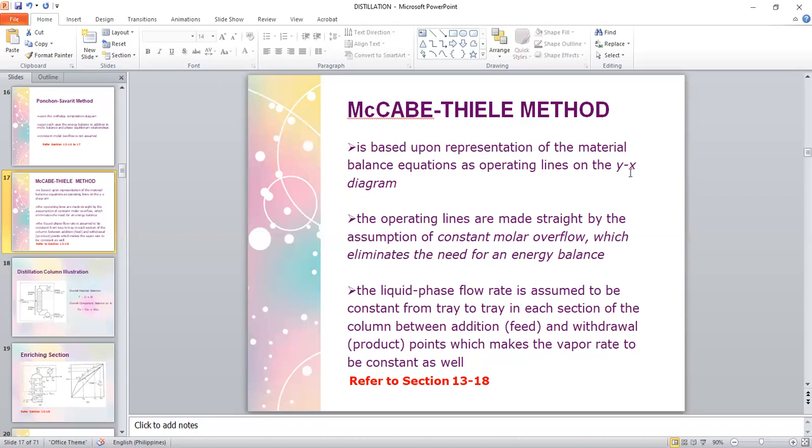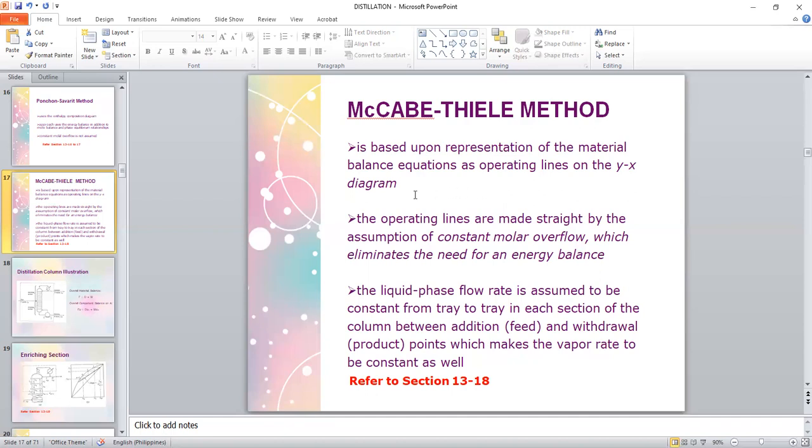So the operating lines, with the assumption of constant molal overflow, are straight. Without the assumption of constant molal overflow, the operating lines, referring to both the enriching section and the stripping section operating lines, will not be straight. So this method of McCabe-Thiele assumes it that way, so the lines or the graphs that you will be producing will be straight.